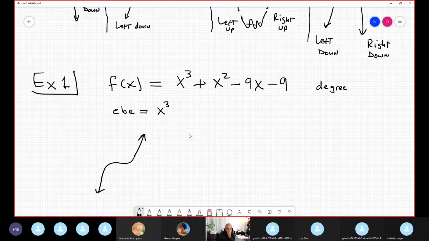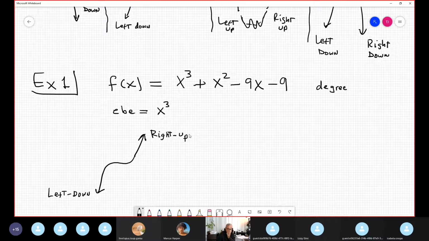Entonces, the end behavior graph is right up and left down. Okay, this is easy.